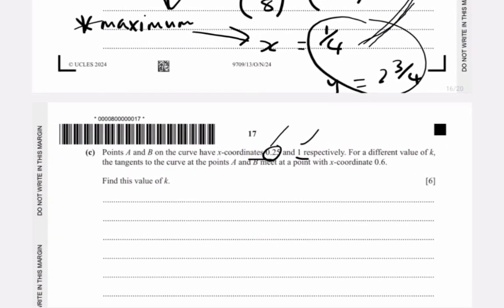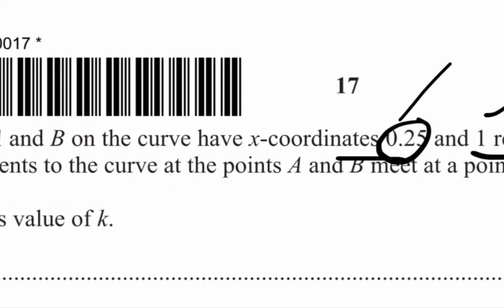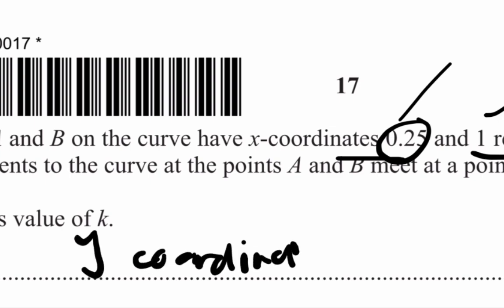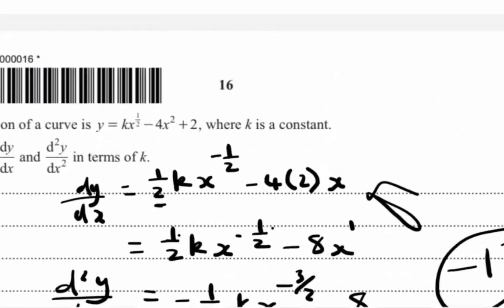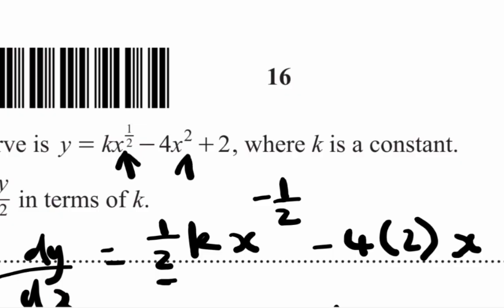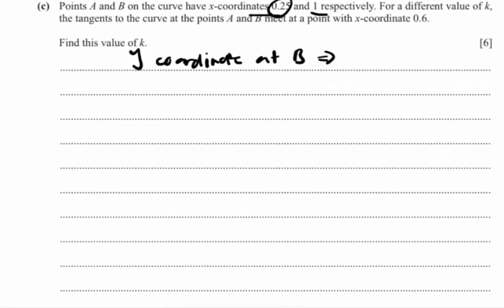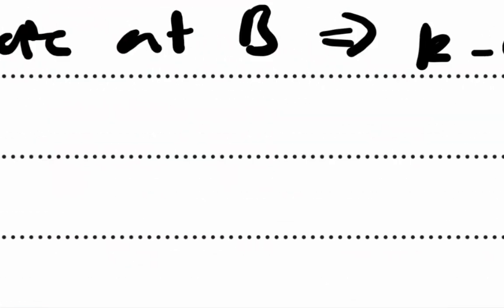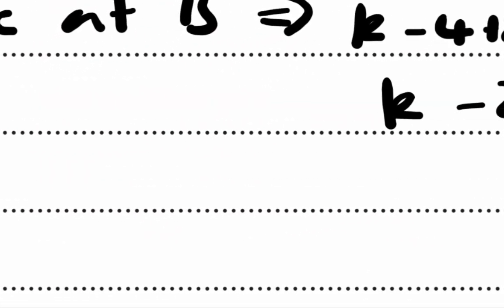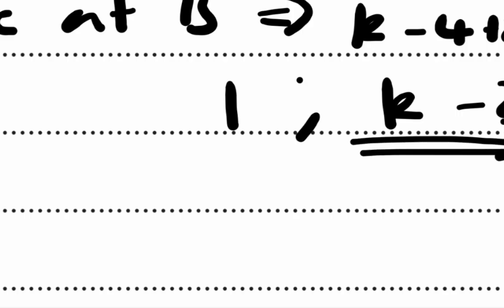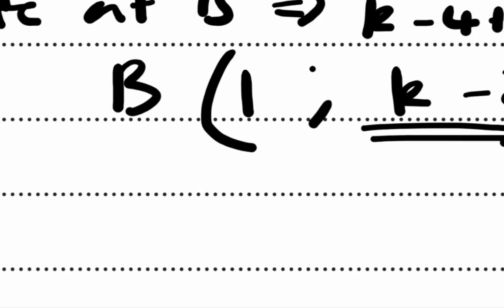So if x is equal to 1 for B, the y coordinate at B would be, I was just substituting 1 here, so that would be k minus 4 plus 2, which is k minus 2. So it's 1, k minus 2 for B.